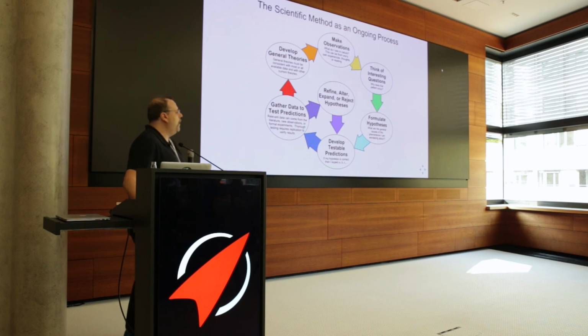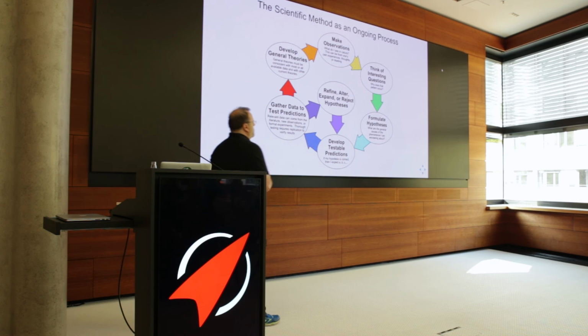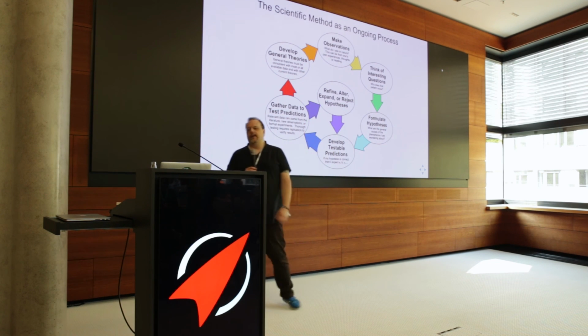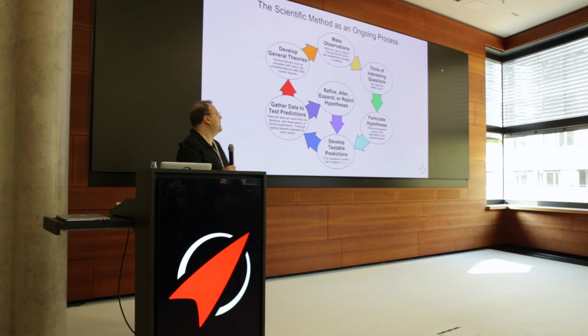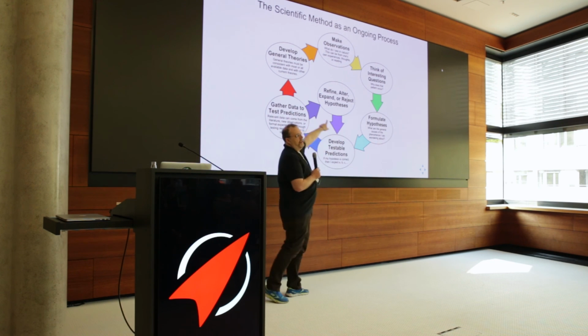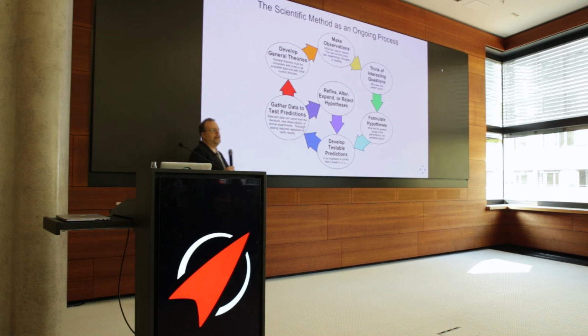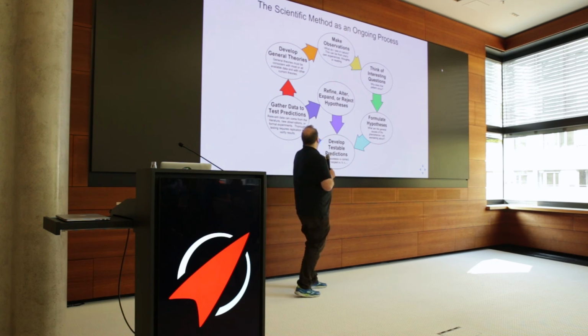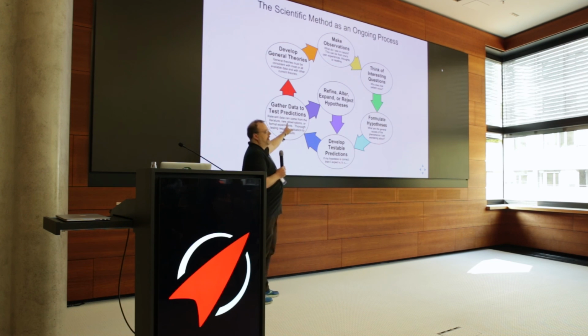One process which is very, very efficient is the process of scientific discovery, the scientific method. Don't read all of it, but look at this purple stuff here, these 3 small circles. That's the key point about the scientific method. You develop testable predictions, you gather data, and you analyze.